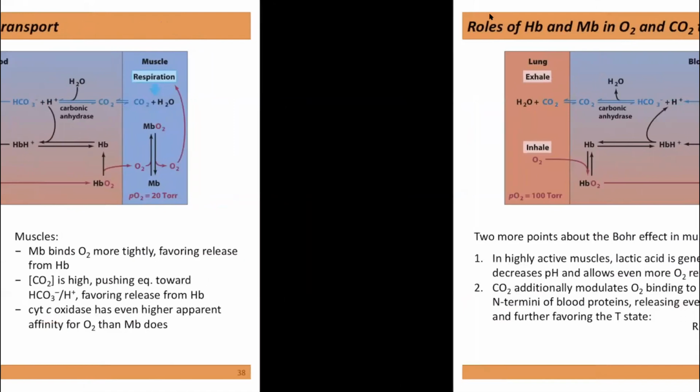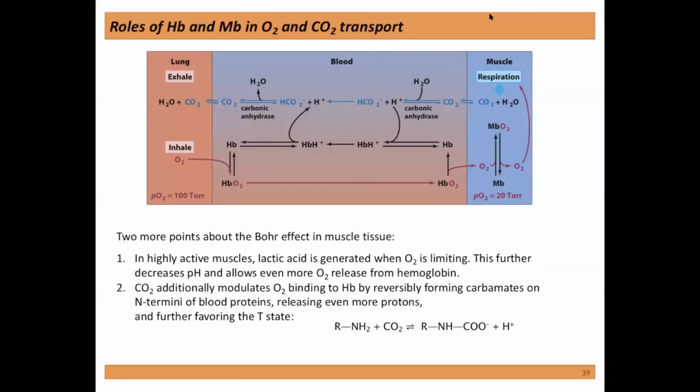We're going to talk about that later with fetuses. They actually need a higher affinity for oxygen, else they wouldn't be able to pull the oxygen away from their mother. So there's two more points about the Bohr effect in muscle tissue. In highly active tissues, lactic acid is produced. And so lactic acid, being an acid, will actually cause more oxygen to be released from the hemoglobin.